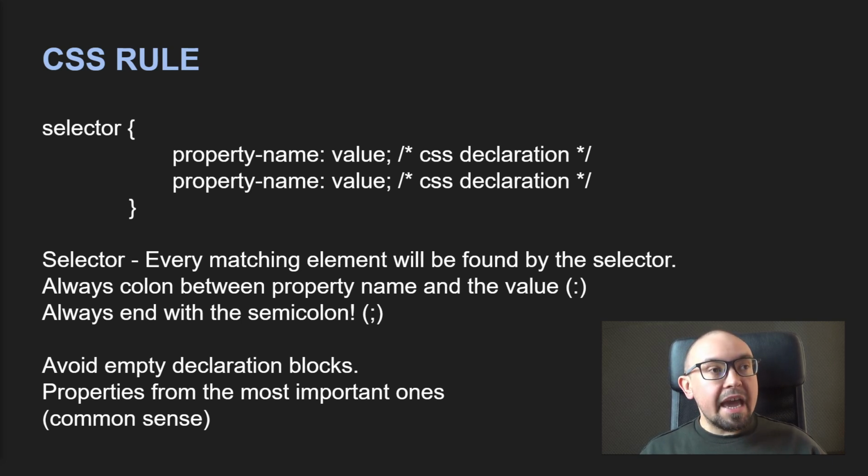Therefore, it is best to end each declaration with a semicolon. We should also remember to avoid empty declaration blocks and place the properties in the rule from the most important to the least important. Practice and common sense will help us with this.